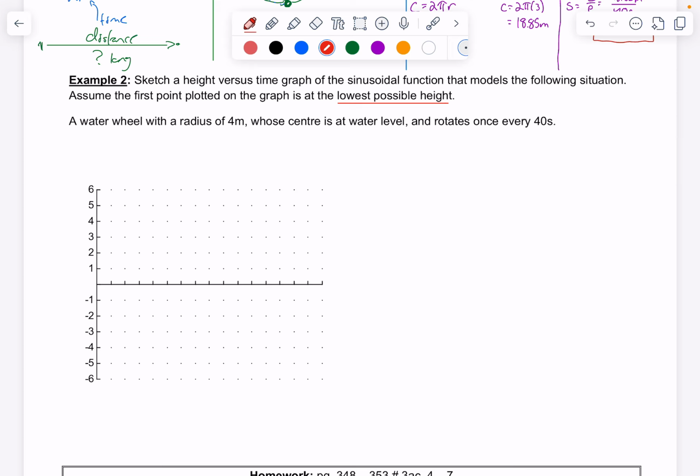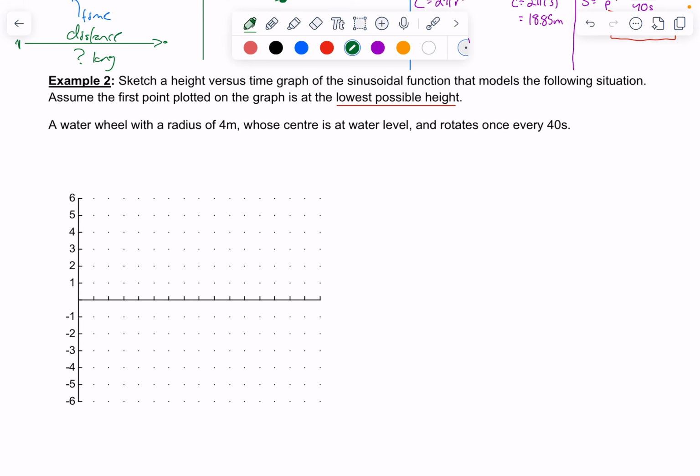A water wheel with a radius of 4 meters, whose center is at water level and rotates once every 40 seconds. So reading these problems, let's learn how to dissect a certain piece of information. Well, the radius of 4 meters means your amplitude equals 4 meters.